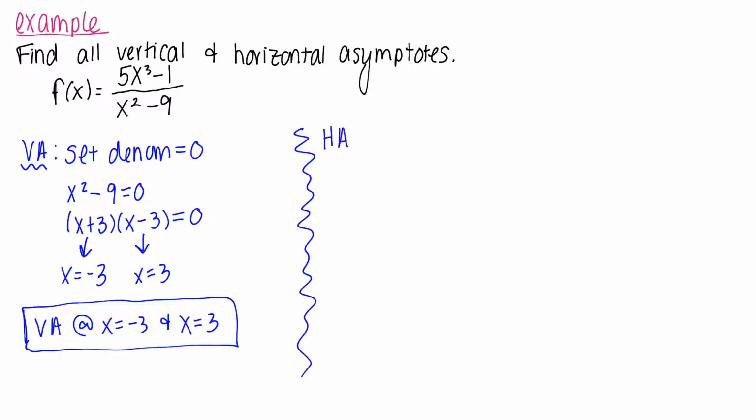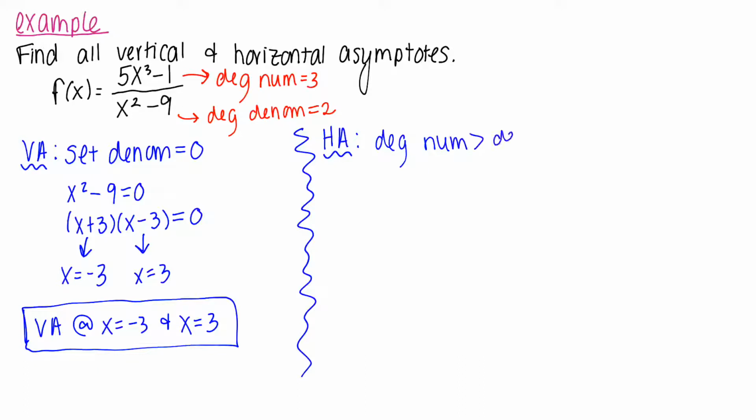For the horizontal asymptote, the degree of the numerator, the highest power in x, is 3. The degree of the denominator is 2. That means that the degree of the numerator is greater than the degree of the denominator.